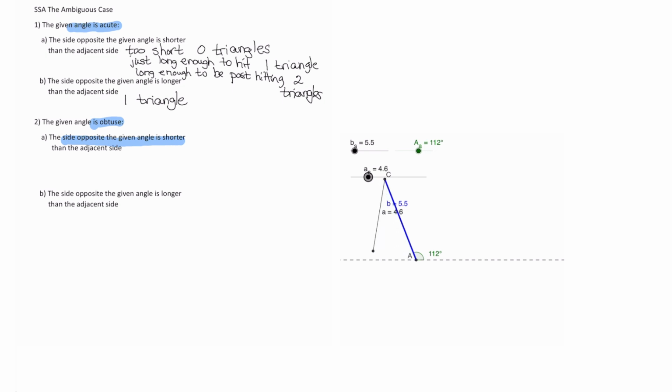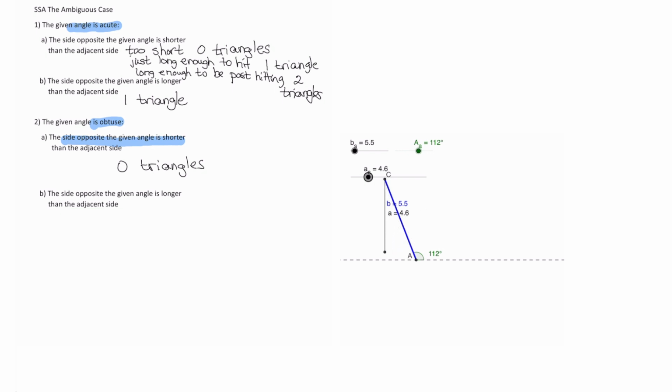Notice it just dangles. I don't have enough length in that side to hit on that horizontal in the same opening of that angle, 112 degrees opening to the right. So you'll get no triangles.